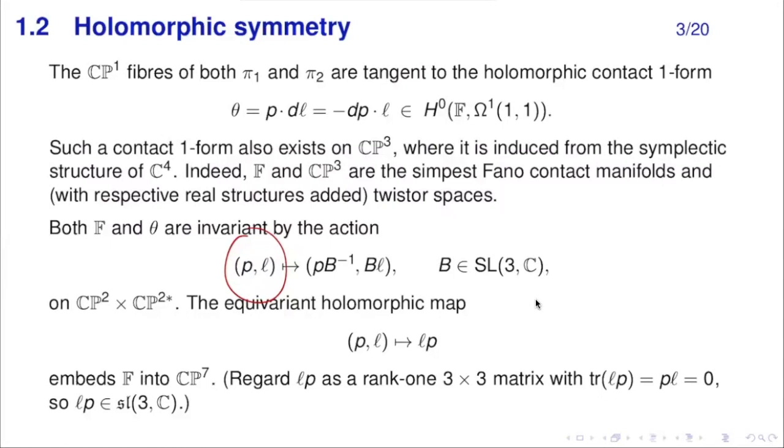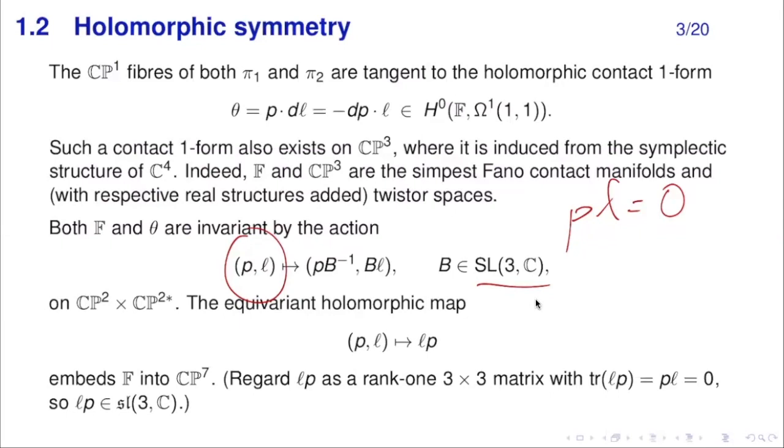But since the points of the flag manifold have to satisfy the equation PL equal to 0, the two matrices have to really be, one is the inverse of the other. So we're left with the symmetry group PGL3C, essentially. So this acts naturally on the flag manifold.